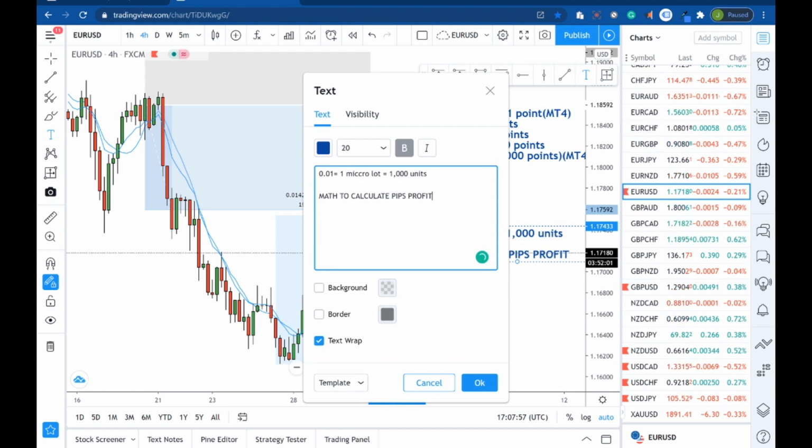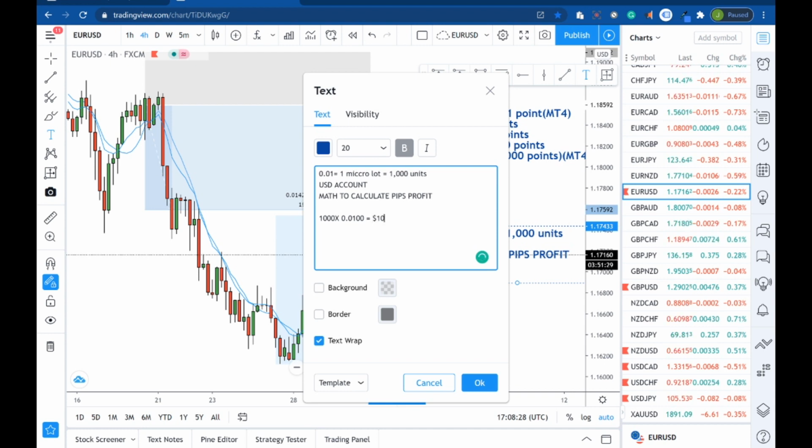Here I'm working with a USD account. So I put in 1,000 units, which is what I'm investing, and then I multiply that by the amount of pips. Let's do 100 pips. And this ultimately equals, I've done this math many times, $10.